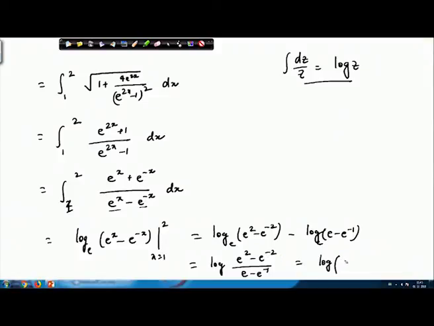So, this will reduce to log of e plus 1 plus e. So, this is the required answer. I mean, we can leave it up to here, it is not a problem, and that is how we calculate basically the arc length for this given curve.